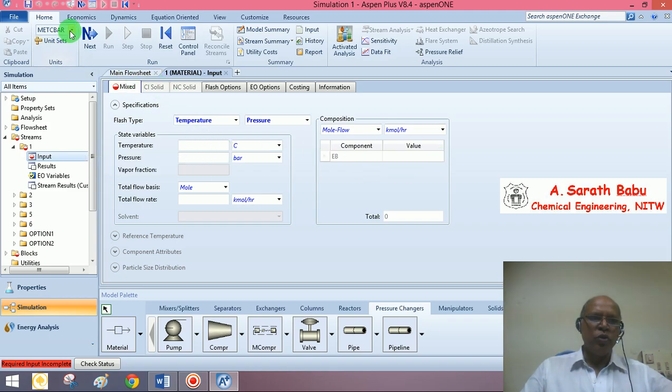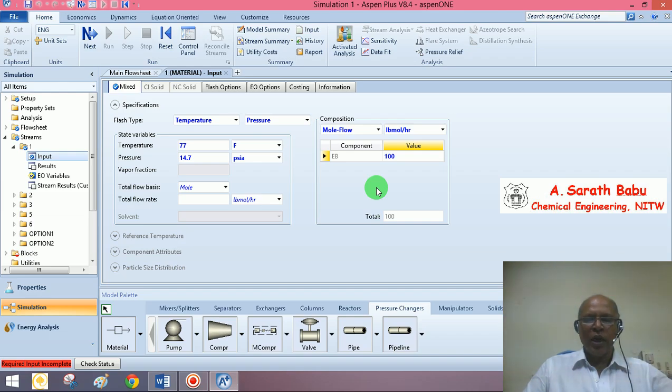Now let me change the unit system to English because we are using Fahrenheit and PSIA. The feed is entering at a temperature of 77 degrees Fahrenheit, a pressure of 14.7 psia. Let us calculate this per 100 lb moles per hour of ethyl benzene.